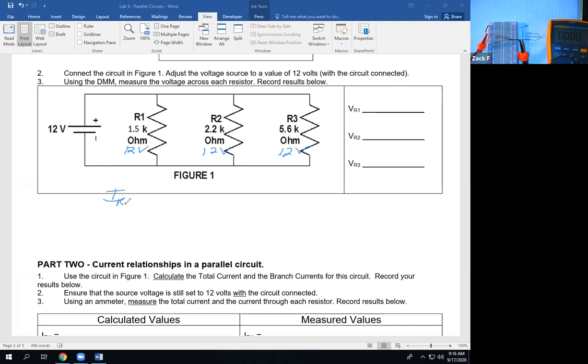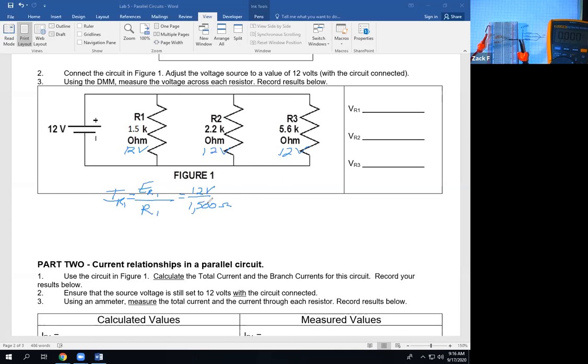I R1 equals E R1 over resistance of R1. So in this case, it would be 12 volts divided by 1,500 ohms.